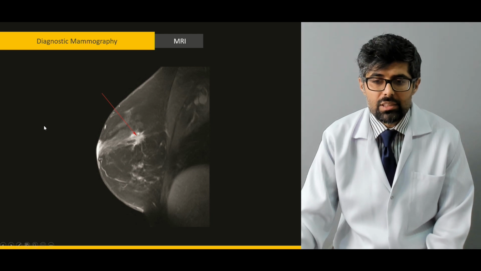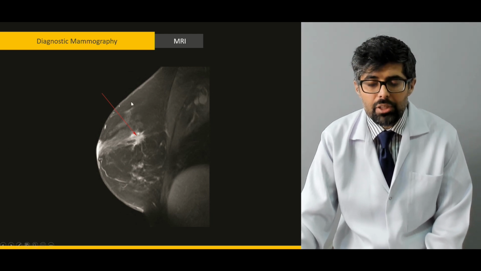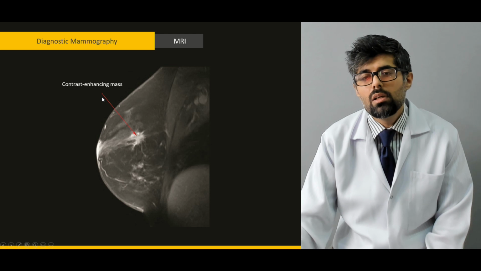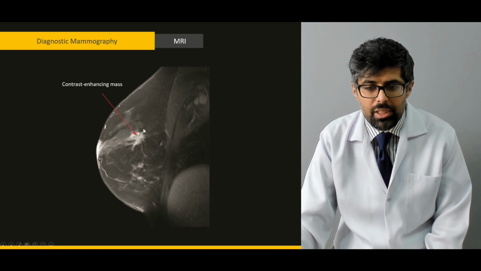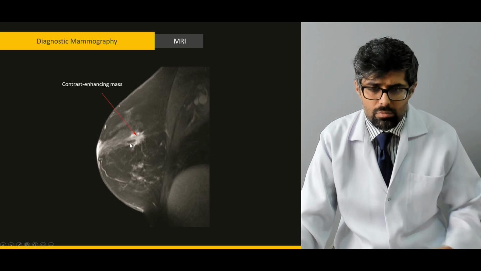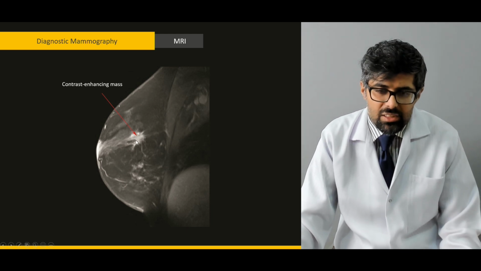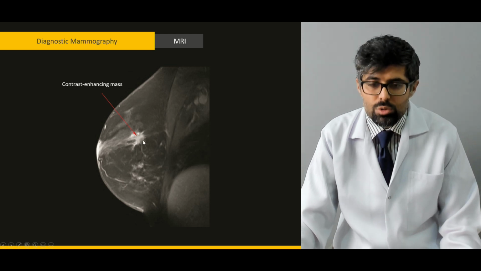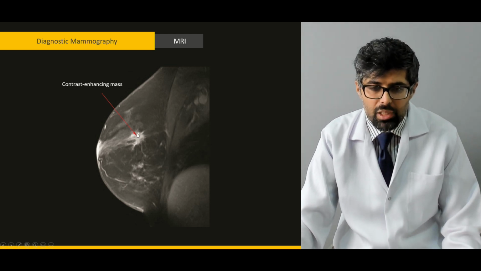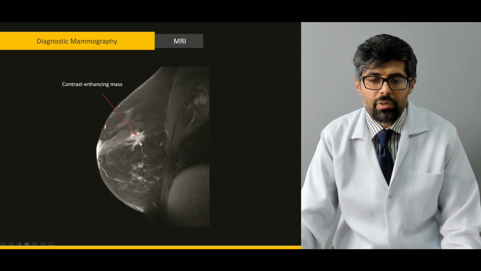Now this is an example of a contrast enhanced MRI where the palpable mass is observable, and it has a very typical stellate appearance, that there are spicules and lines that are protruding out from the center of it.